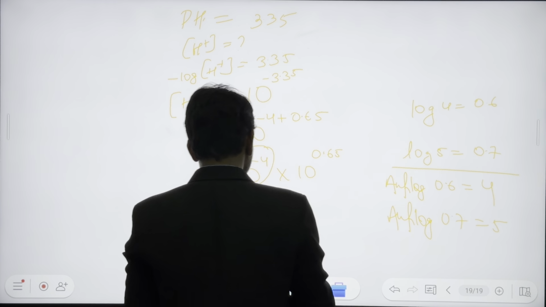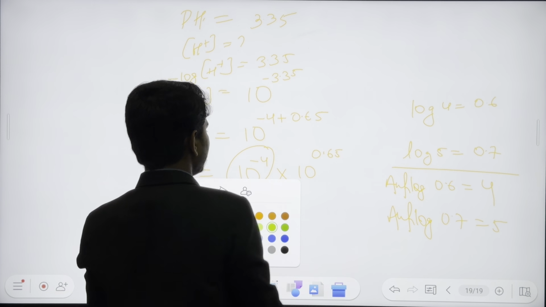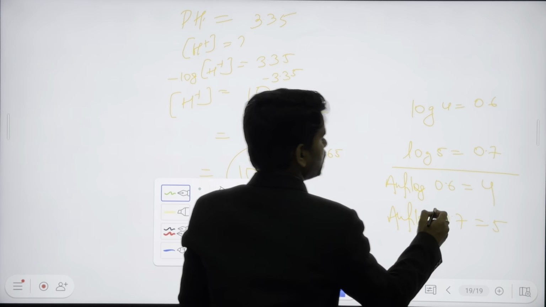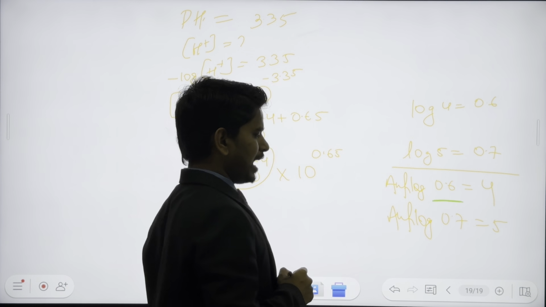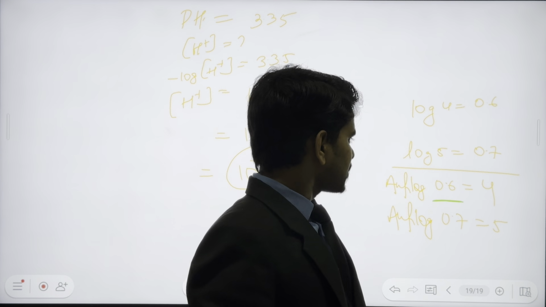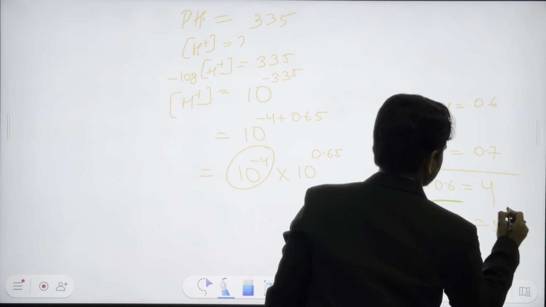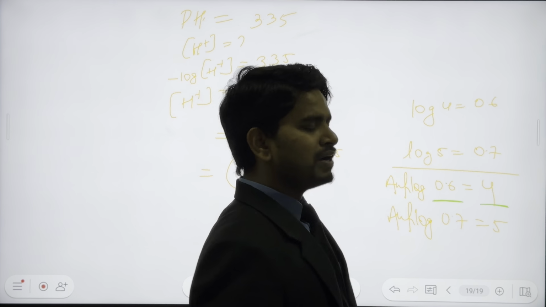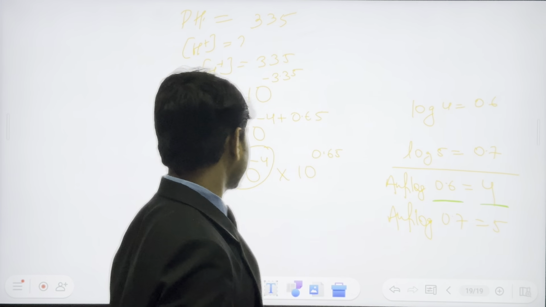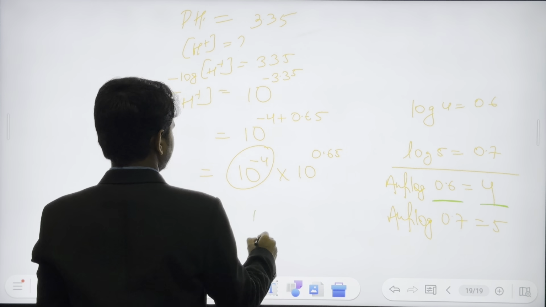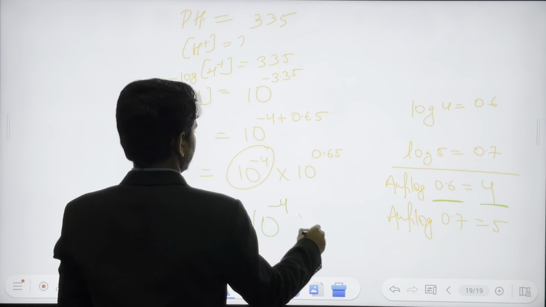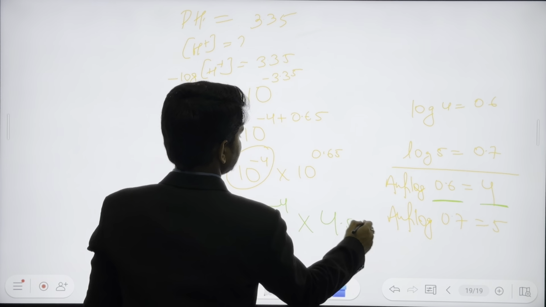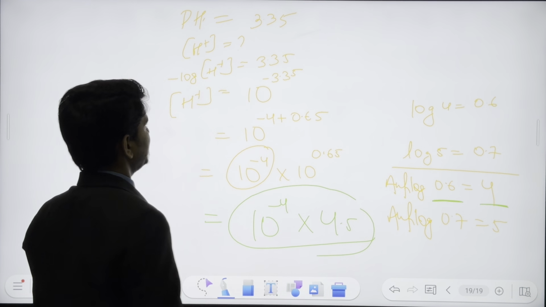And we have to find out the value of anti-log 0.65, which will lie between here, and that's why we can say that the value is 4.5. So it is nothing but 10 to the power minus 4 into 4.5. That's the concentration of H plus you will have, guys.